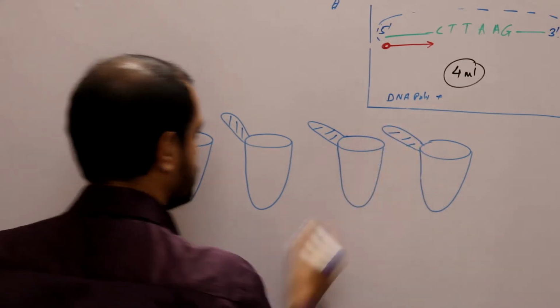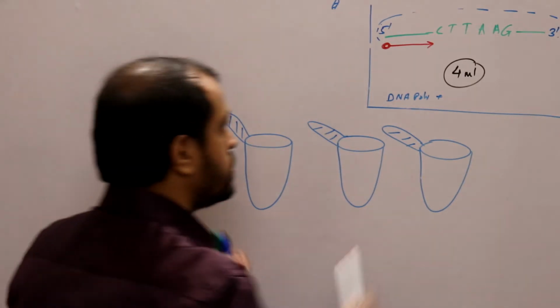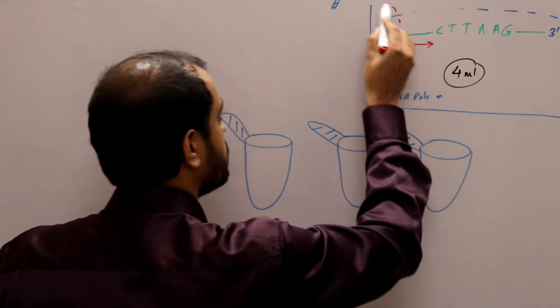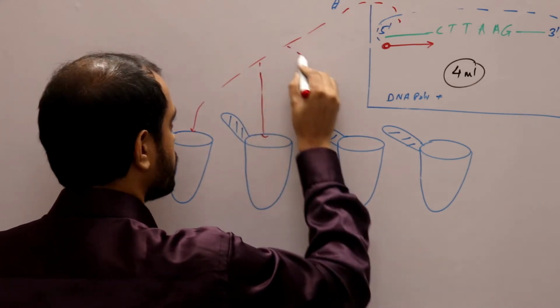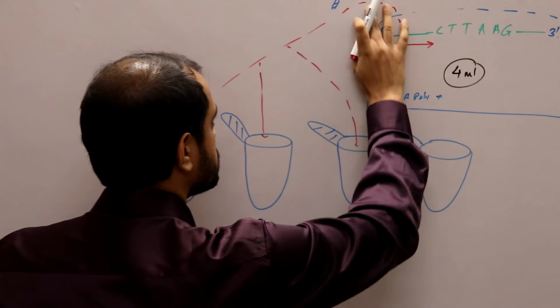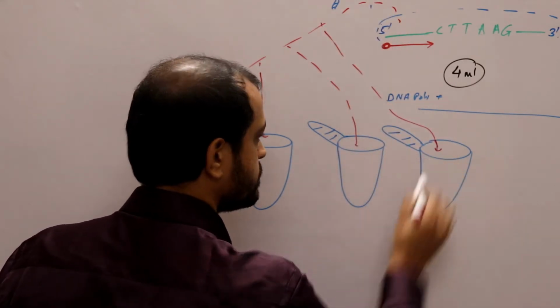Okay, now listen. So these are 4 tubes. Now we have added this single-stranded DNA to every portion. Finally, we have broken the beaker.